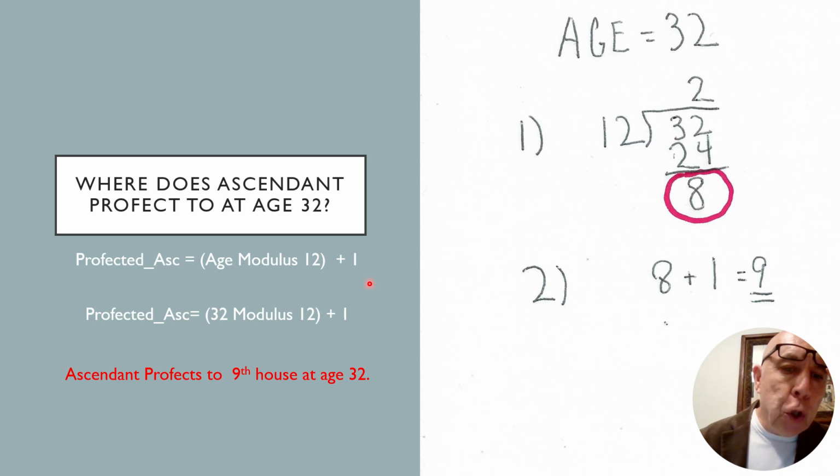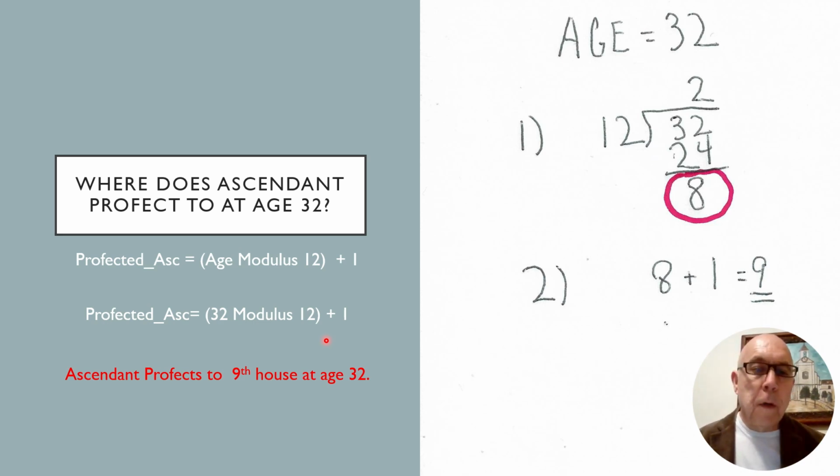All we have to do in this case is plug in the age, which is 32, into this formula. So we have perfected ascendant equals, in parentheses, 32 modulus 12, plus 1.